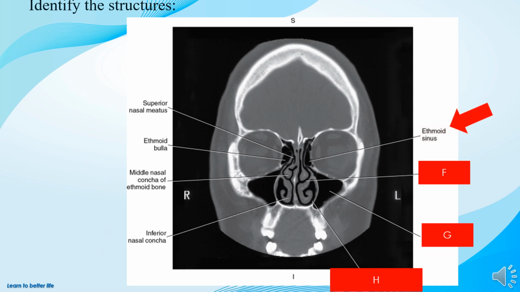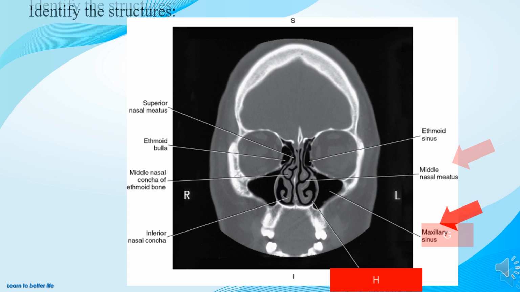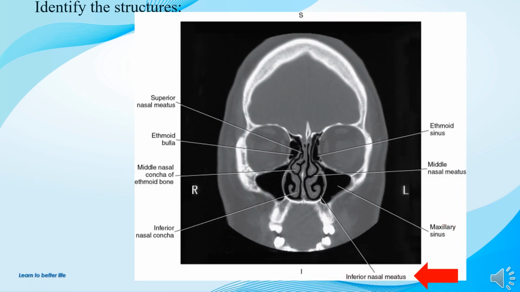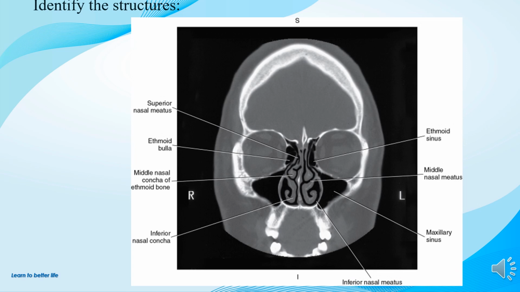E is the ethmoid sinus. F is the middle nasal meatus. G is the maxillary sinus. And H is the inferior nasal meatus. Don't forget to review these structures again.